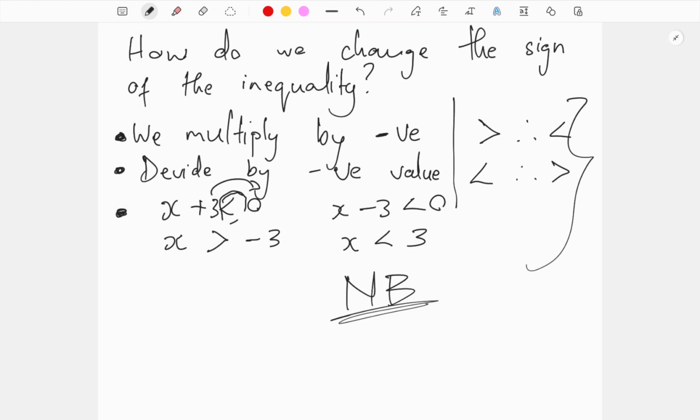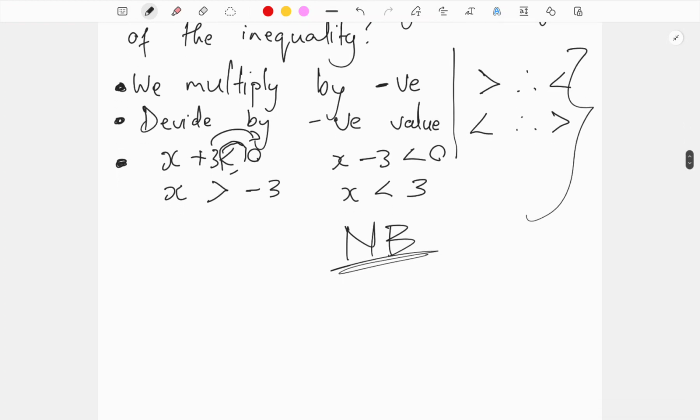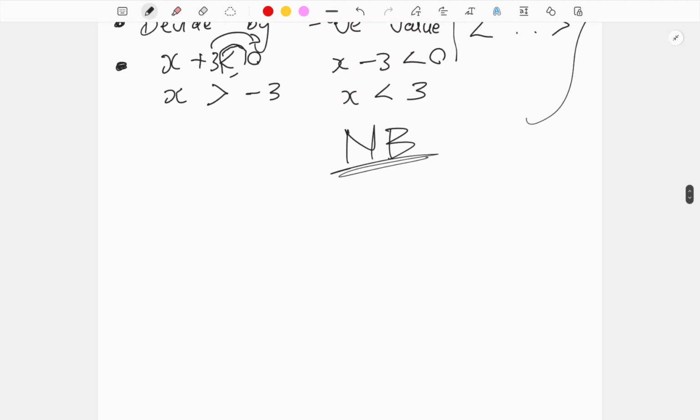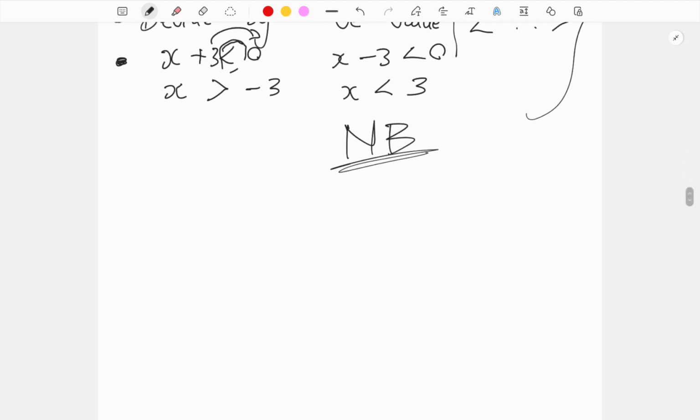But if you are multiplying and dividing with positive numbers, you don't have to change the inequality sign. And if you are transposing the number while solving for x, and that number becomes positive, then you don't have to change the inequality sign. Very, very important, guys.